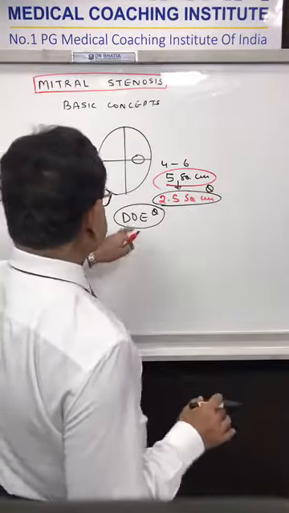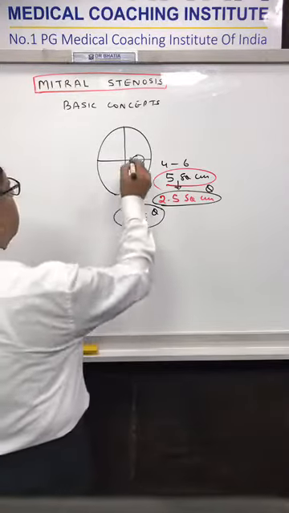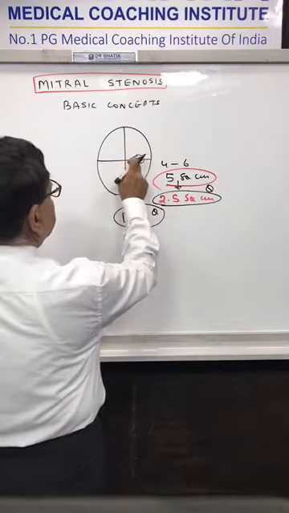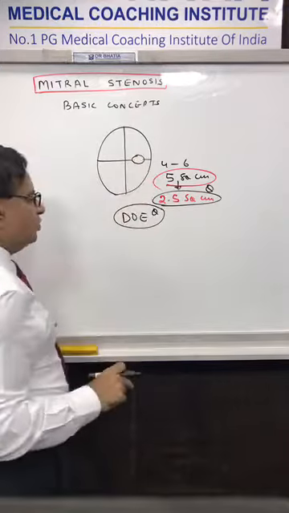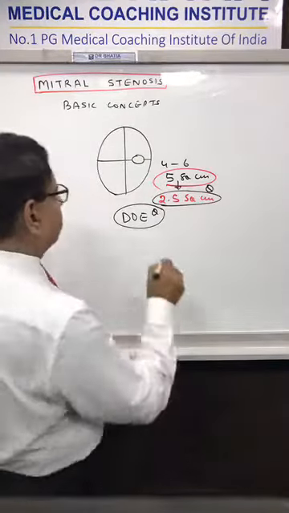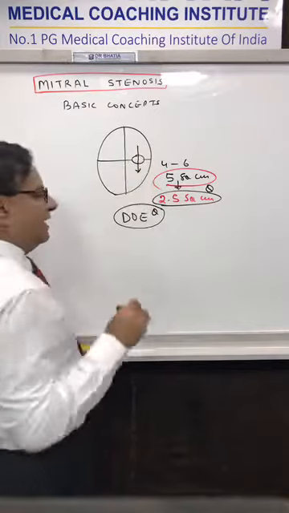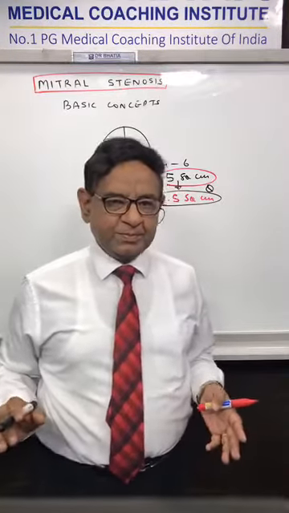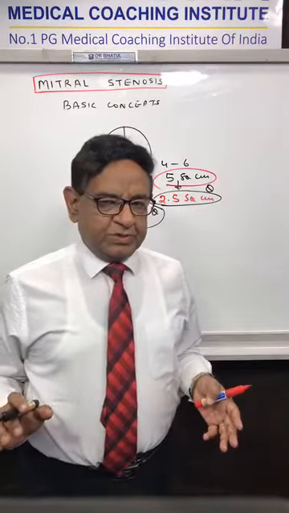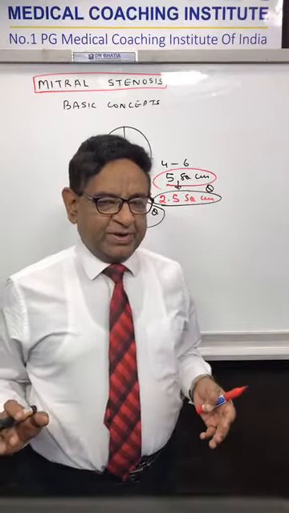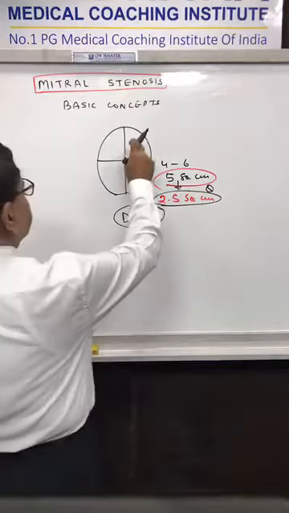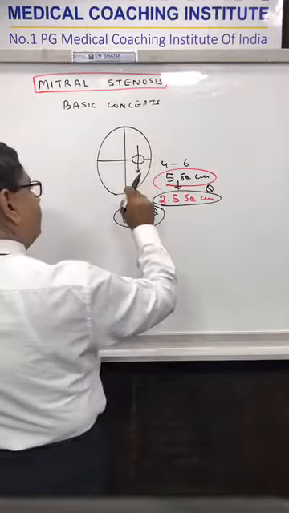So this basic concept is: when the area has gone down to 2.5, there is difficulty in flow of blood from LA to LV. So there is obstruction to flow from left atrium to left ventricle, and blood starts accumulating in the left atrium.